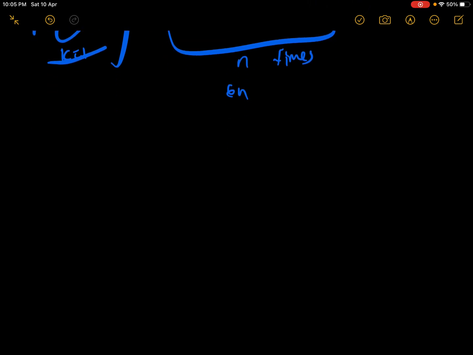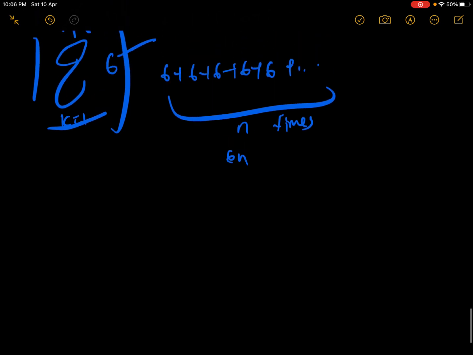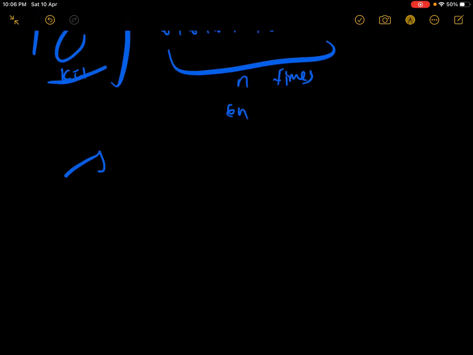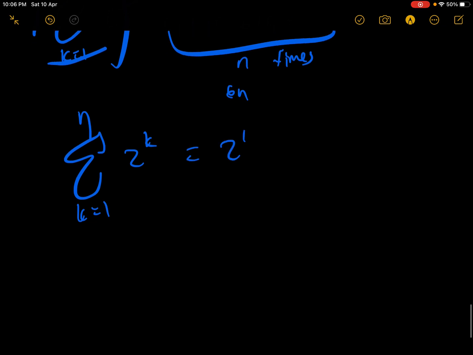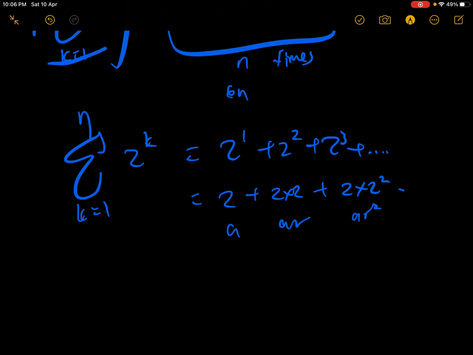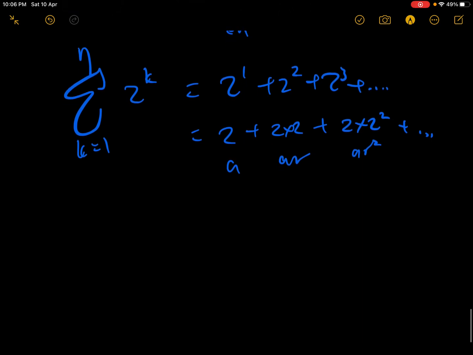The next one will be about power. Let's say you have sigma of 2 to the power k, with k equals 1 to n. This whole thing will equal 2 to the 1 plus 2 squared plus 2 cubed and so on. Note that this is basically a GP, because it is 2, plus 2 times 2, plus 2 times 2 squared, and so on.